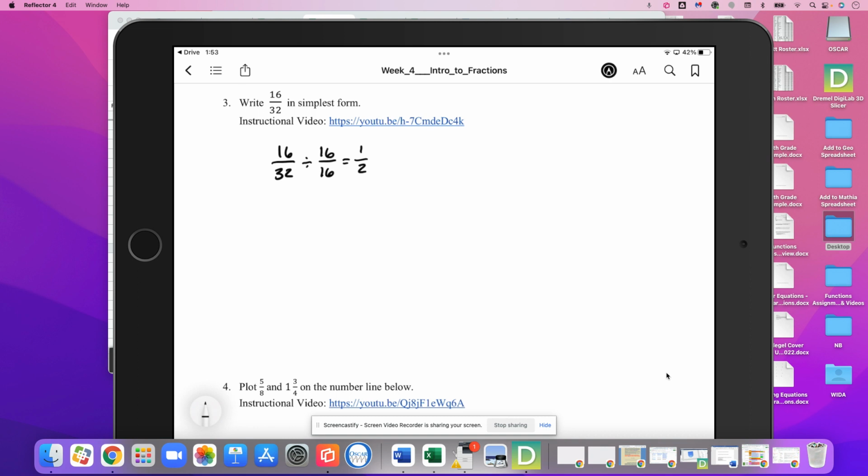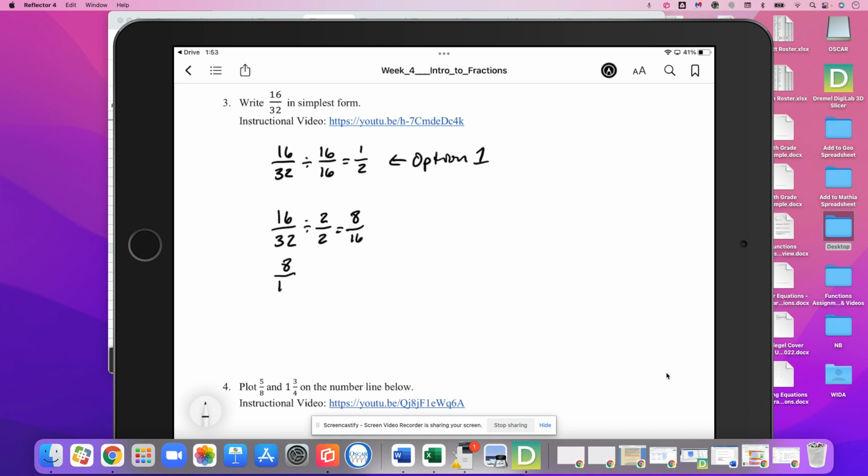Another way to do that, if I don't notice that it's divisible like that, we'll call this option 1. You don't have to realize that it's divisible by 16. You can just use 2. Recognize that they're both even. Divide by 2. So if we divide by 2, we get 8 over 16. This can still be divided down further.